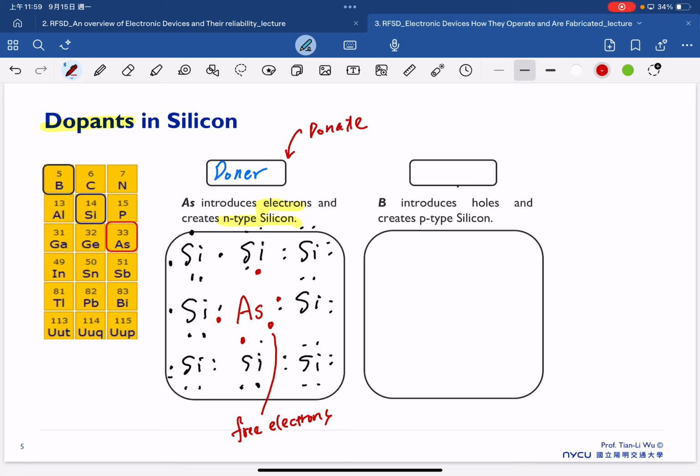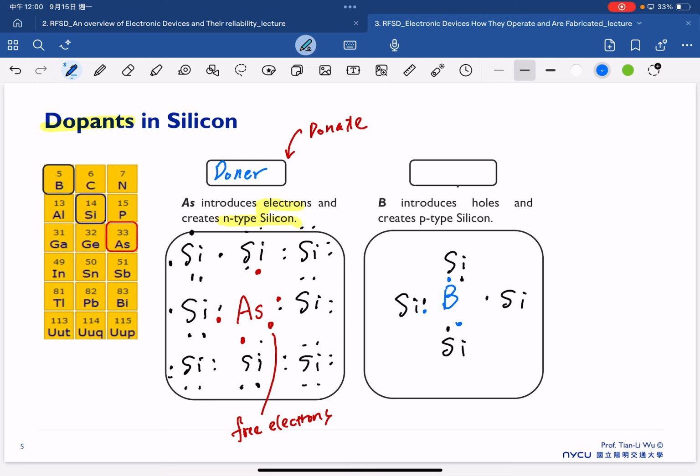On the other hand, we can consider a similar thing. Again we have silicon, and we all know that we have 4 electrons here. But now if we pick a group 3 material, where we are interested in using boron, boron only has 3 electrons in the outer shell, so we have a bond here, here, here.